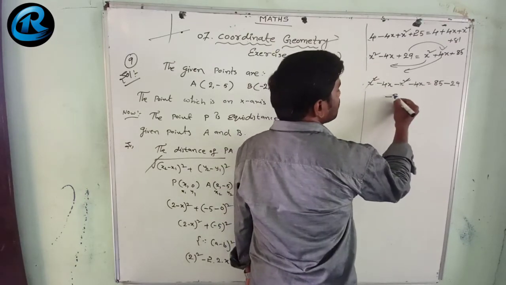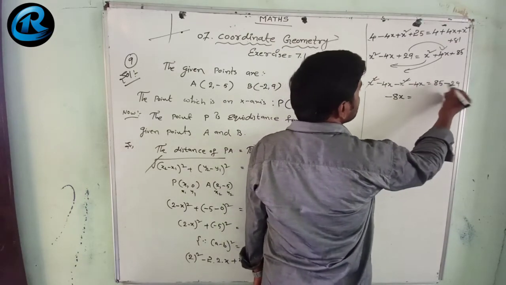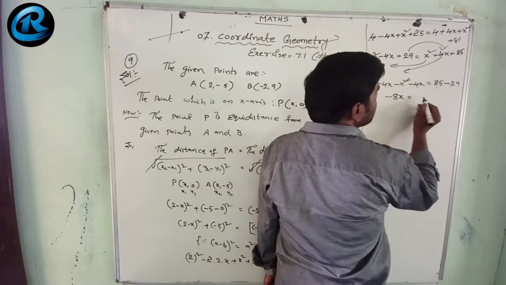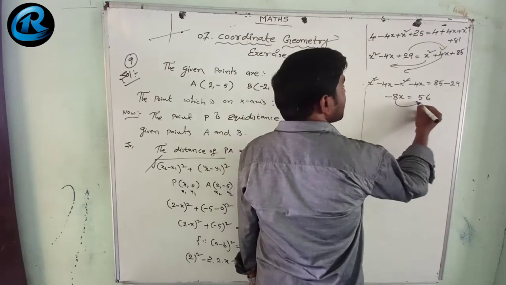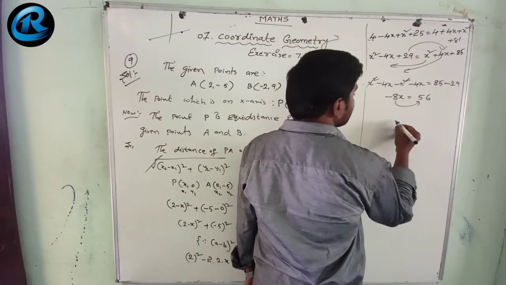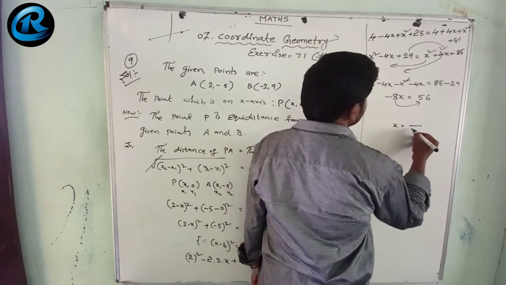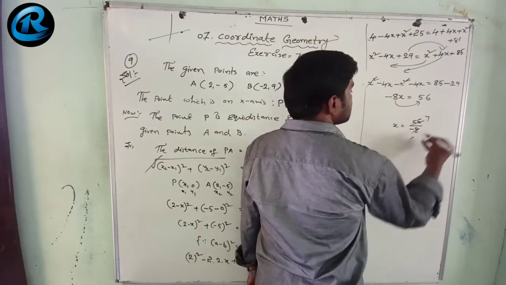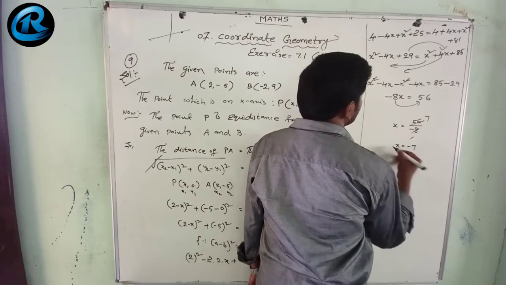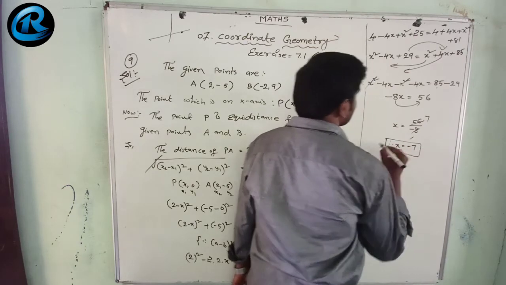Minus 4x minus 4x is minus 8x, equal to 85 minus 29, that is 56. Here minus 8 is multiplying, so if you transfer it to the other side, it divides 56. 8 ones are 8, 8 sevens are 56, so x equals minus 7.